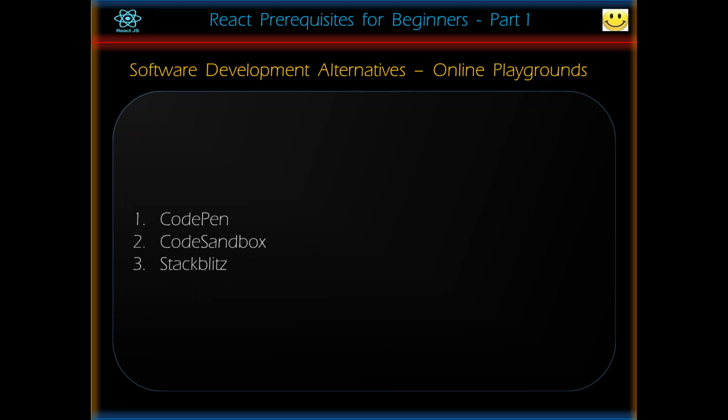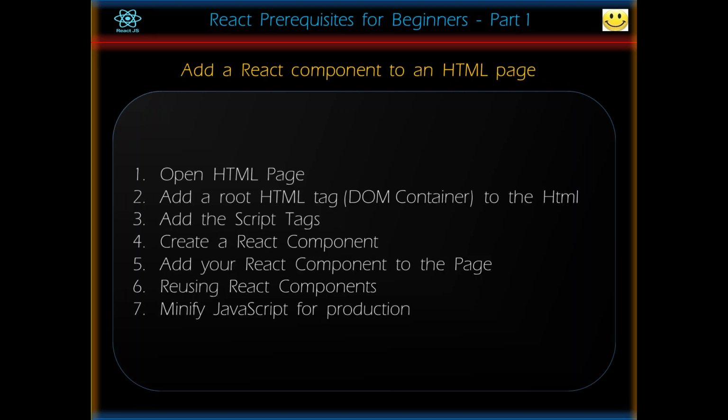In the next lecture, software development alternatives, online playgrounds, we will learn about CodePen, Code Sandbox, Stack Blitz. In the next lecture, add a React component to an HTML page.